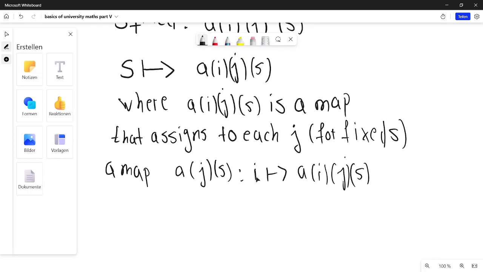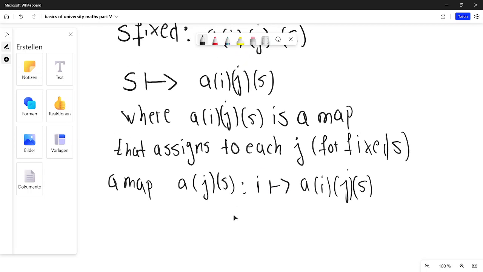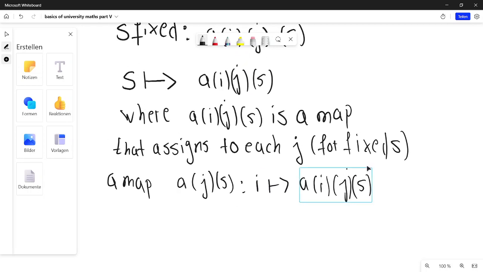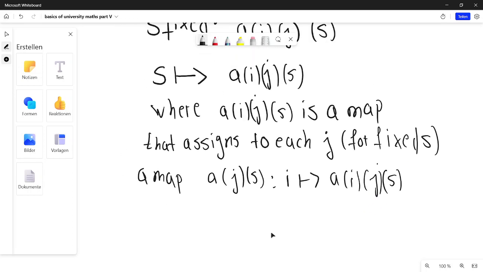A map that now goes through the last thing or the first thing, depending on how you see it, that assigns to i's certain numbers, depending on this fixed j and s. That is what we have in total.